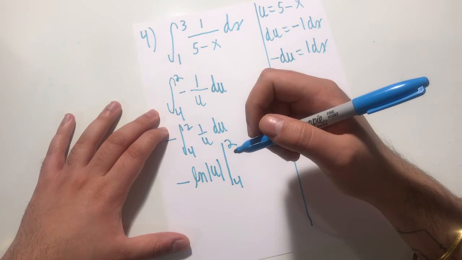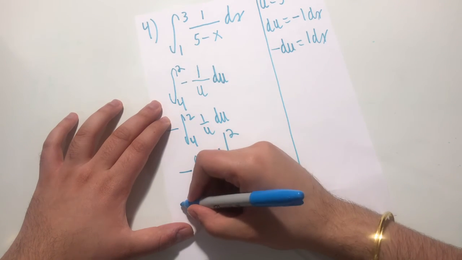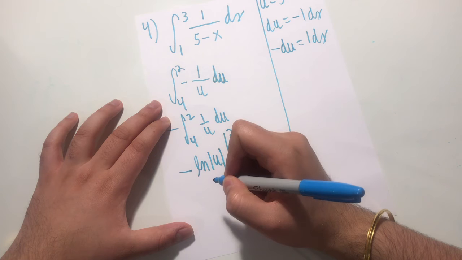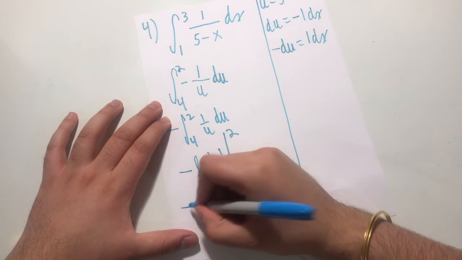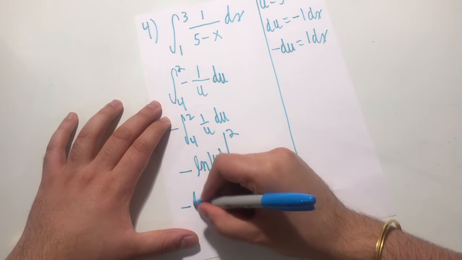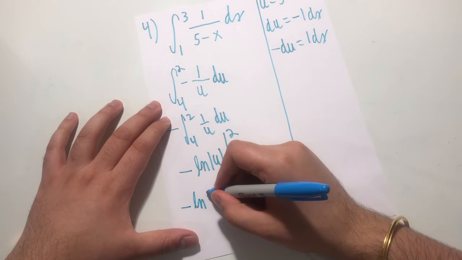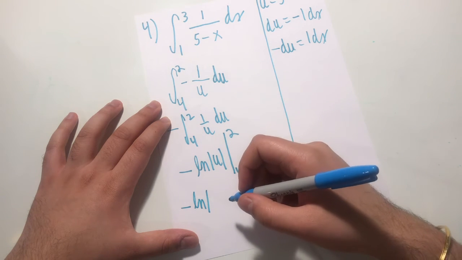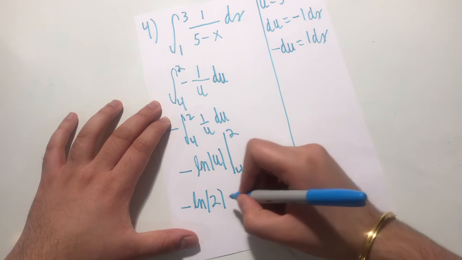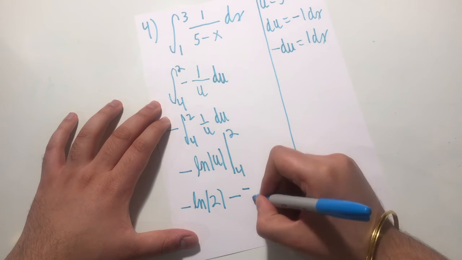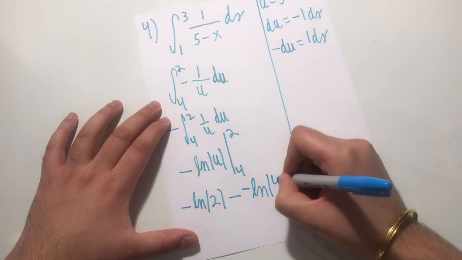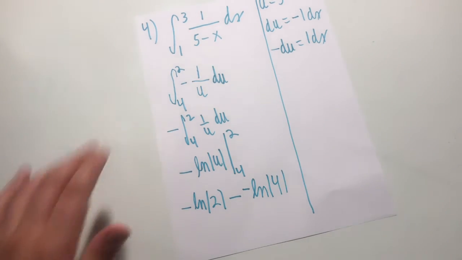So what we're going to do is do that replacement. Negative ln of 2 is going to be negative ln absolute value of 2, then minus negative ln absolute value of 4, right? Just doing those replacements.